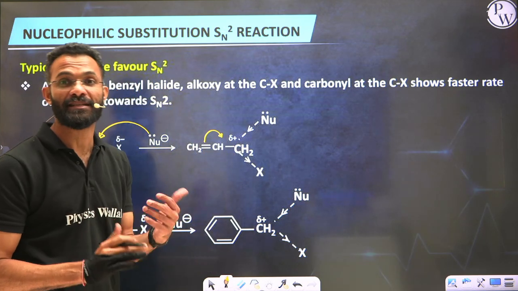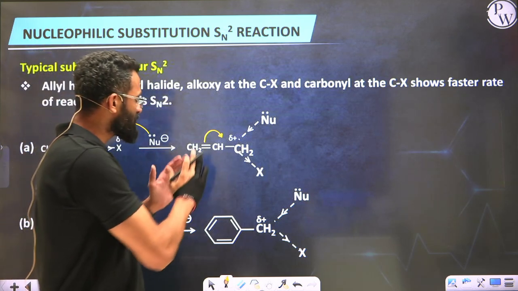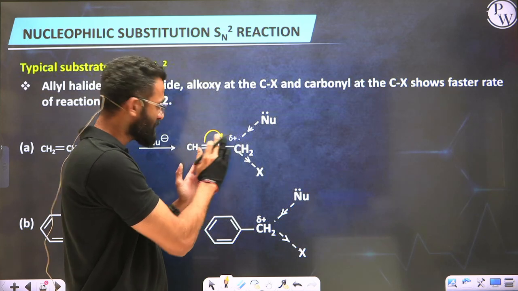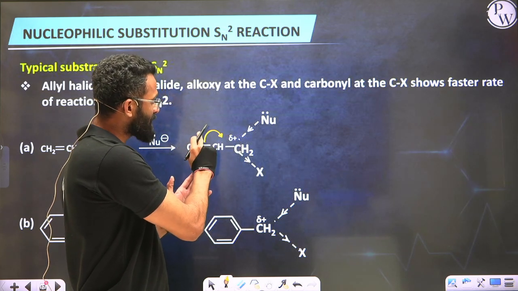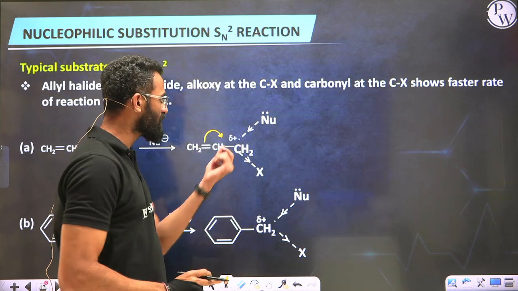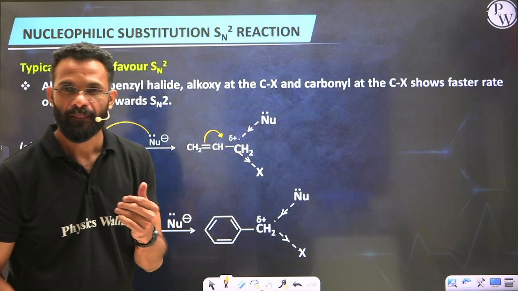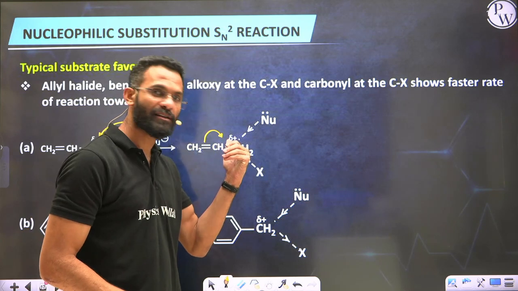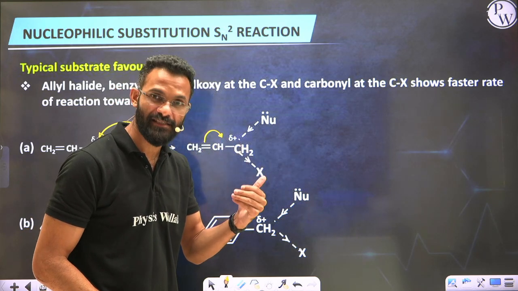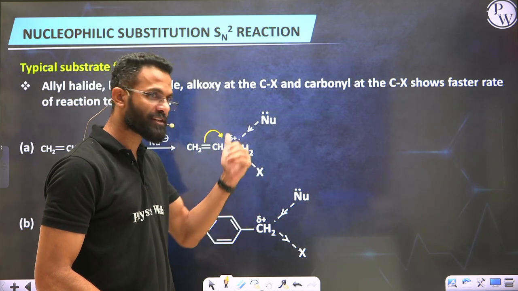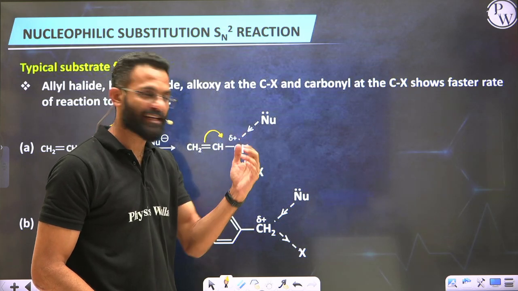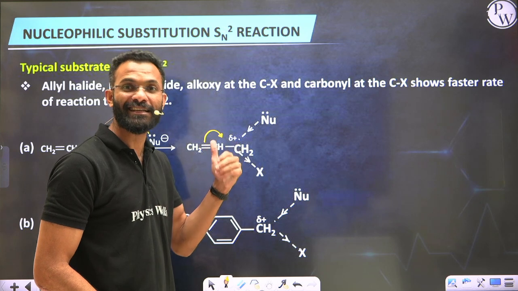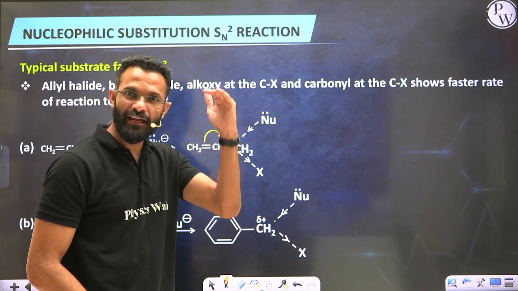I am saying partial delocalization, meaning this pi electron cloud is stabilizing the positive charge. See, this is electron density that is getting partially delocalized towards the delta plus, which makes charge dispersal take place. If the positive charge is decreased to some extent, I can say the stability of this transition state is increased.